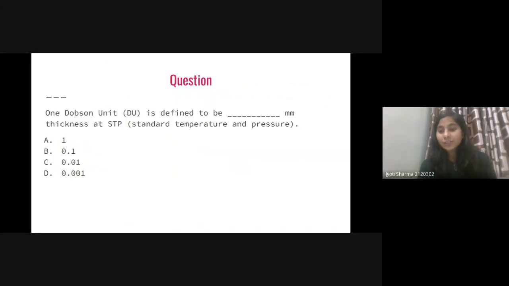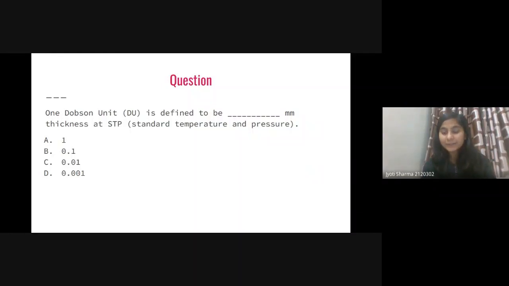The next question is, because I told you that this Dobson is the measure of the length, one Dobson unit is defined to how much thickness at STP, that is the standard temperature and pressure. So one Dobson unit is equal to how many millimeters?